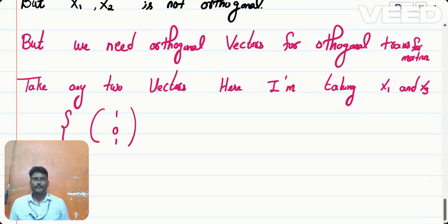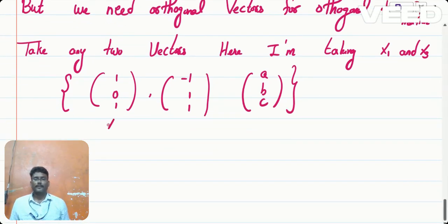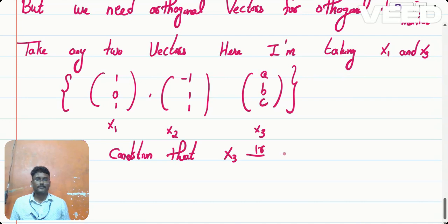One zero one, minus one one and one. The third vector I can take as a, b, and c. The condition is that x3 is perpendicular to x1 and x3 is perpendicular to x2.